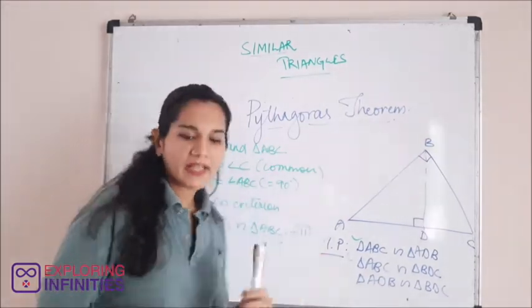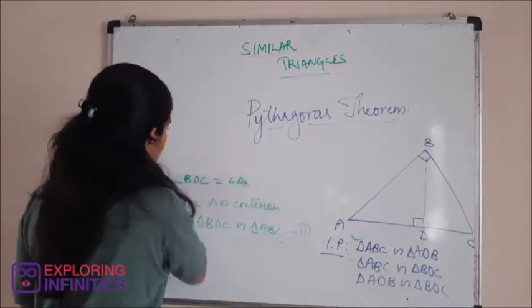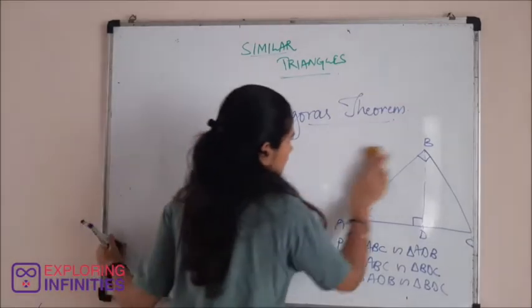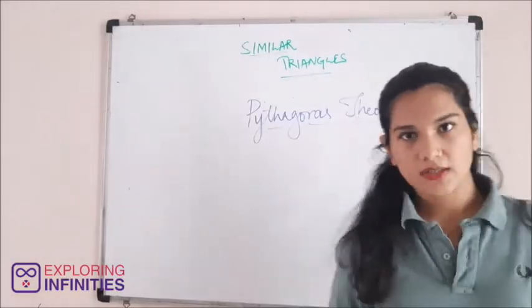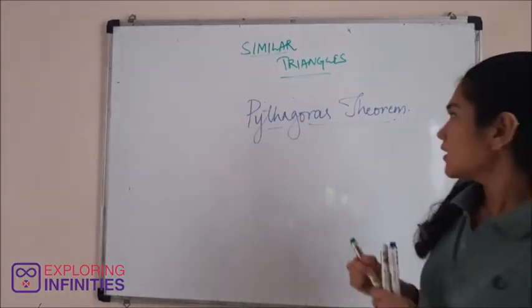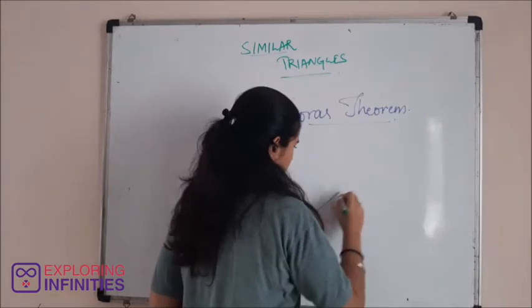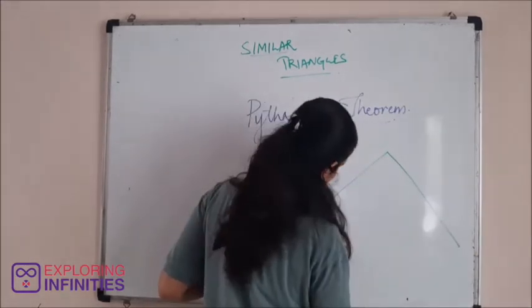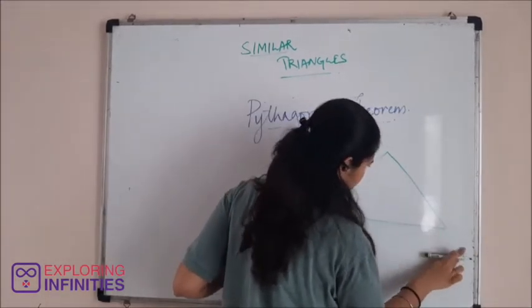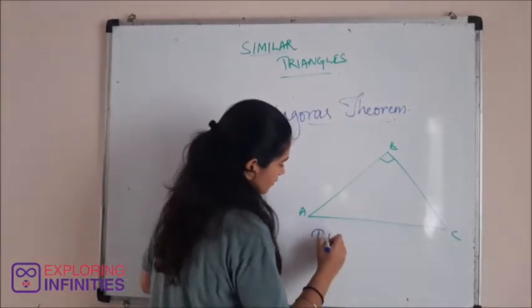Now we'll move on to the Pythagoras theorem, and there we'll actually realize how it is going to help us. What does the Pythagoras theorem state? Please excuse my drawing, I am not perfect at drawing.